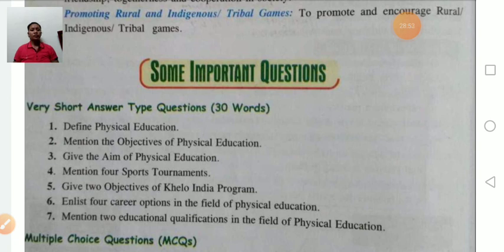So physical education means learning or gaining knowledge through physical activity, which modifies our behaviors. The objectives of physical education are physical development, social development, mental development, and emotional development.